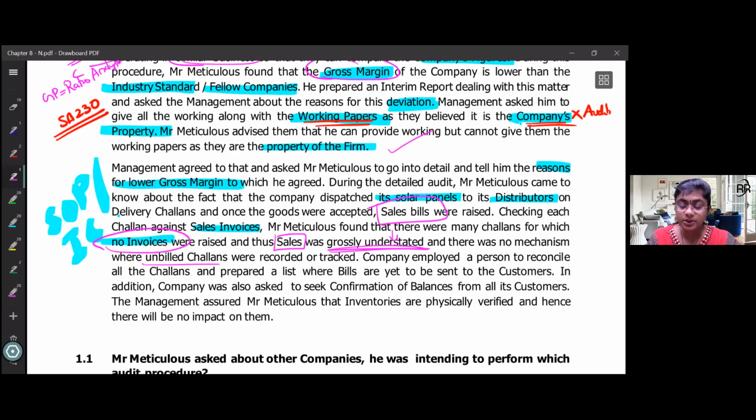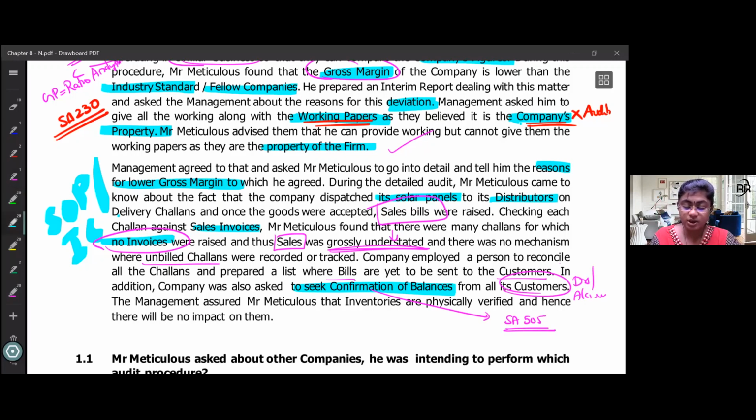Company employed a person to reconcile all the challans and prepared a list where bills were yet to be sent to customers. In addition, company also asked to seek confirmation of balances from all the customers, debtors, accounts receivable, as per SA 505. They are going to obtain external confirmation.